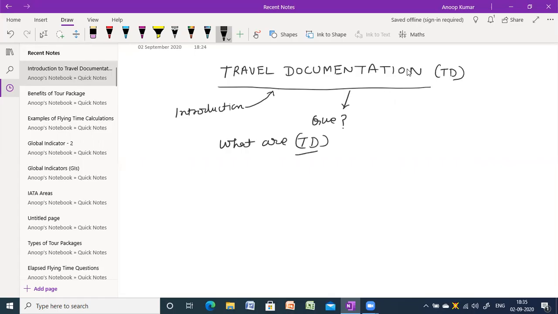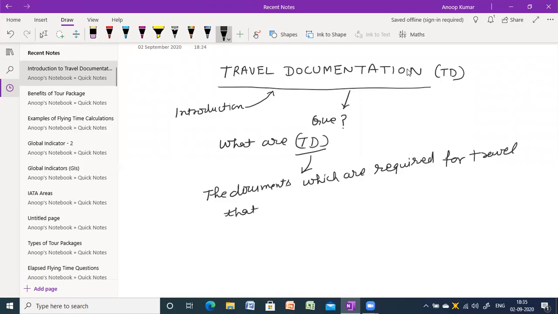The simple meaning of travel documentation is the documents which are required for travel. That is known as travel documentation. If I give an example, you are traveling from Delhi to Goa.